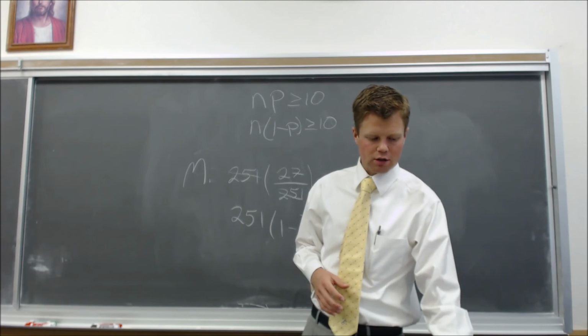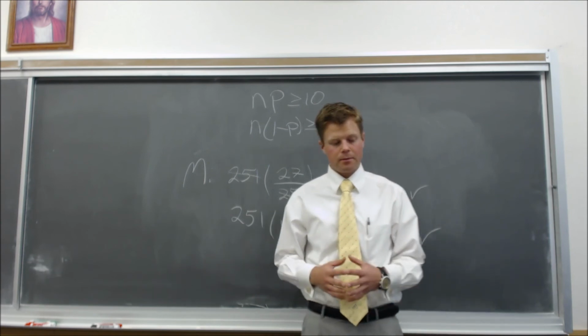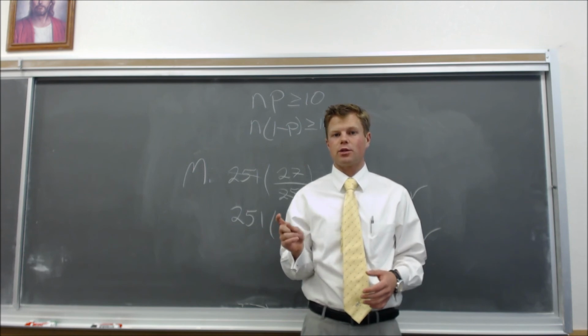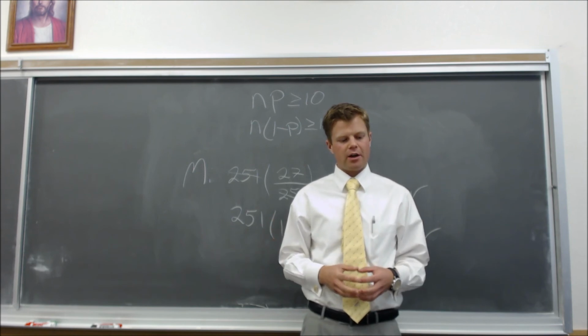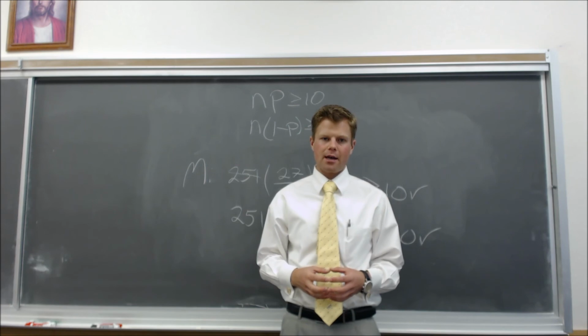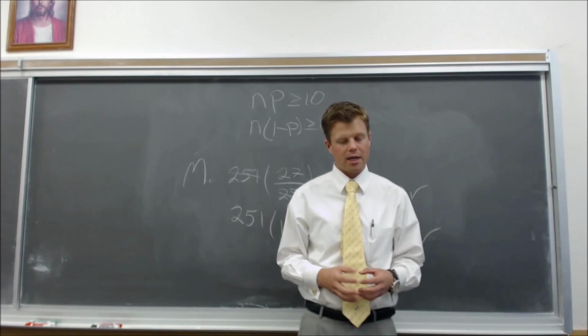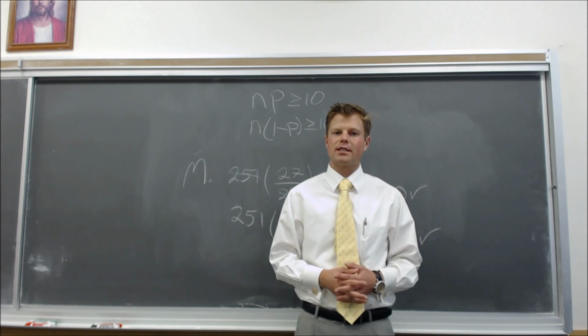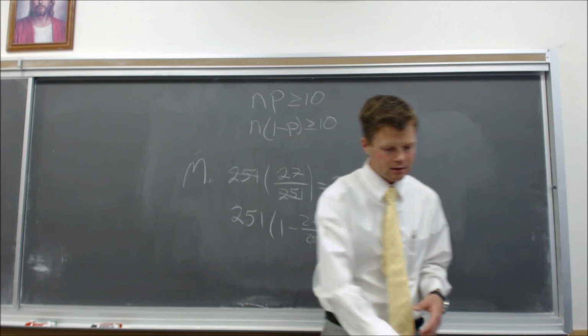G, state your conclusion in layman's terms. We have sufficient evidence, because we rejected the null, to say that there is a difference in the proportion of men who use labels and women who use labels. And then that second part is just a restatement of the alternative hypothesis.